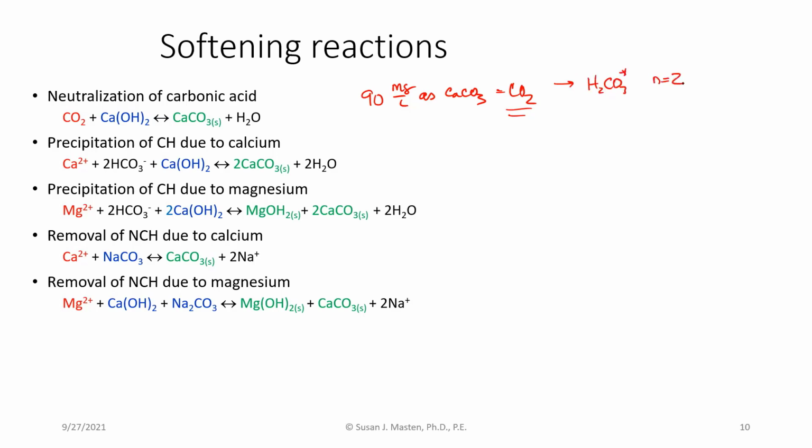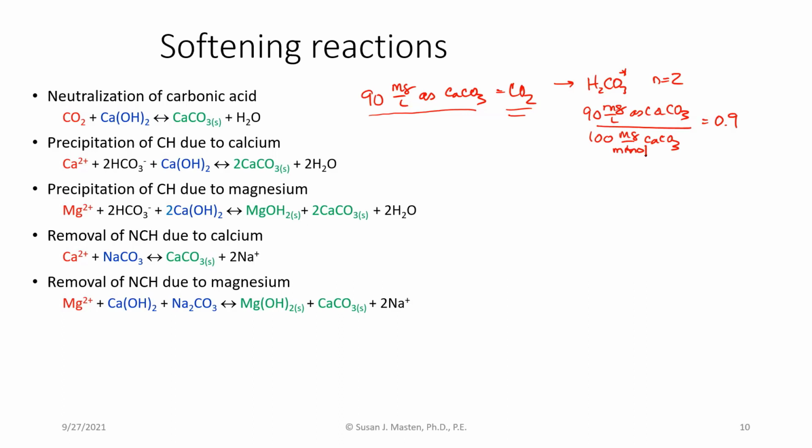Remember, I said that CO2 reacts in water to form carbonic acid. So that means n is equal to 2, which is the same as calcium. The amount that we need to remove is this 90 milligrams per liter as calcium carbonate. We're going to divide that by the molecular weight of calcium carbonate, 100 milligrams per millimole.